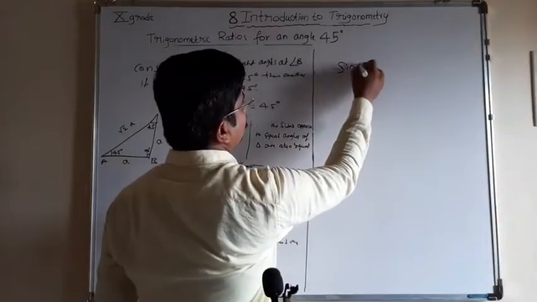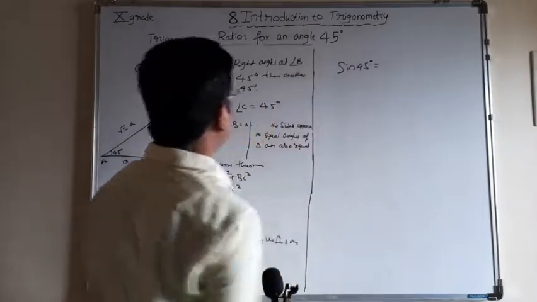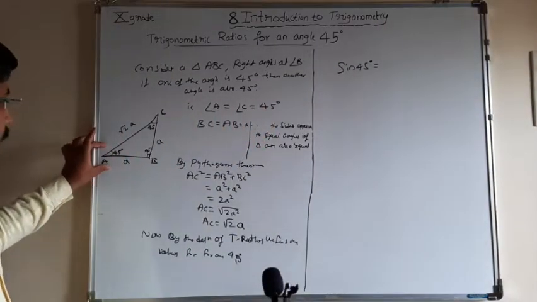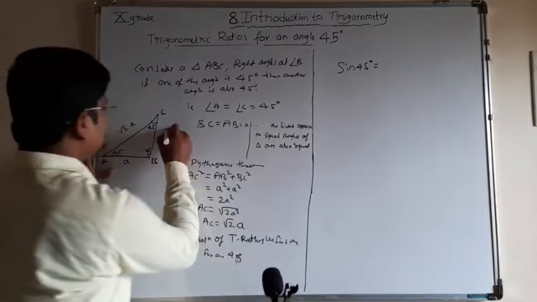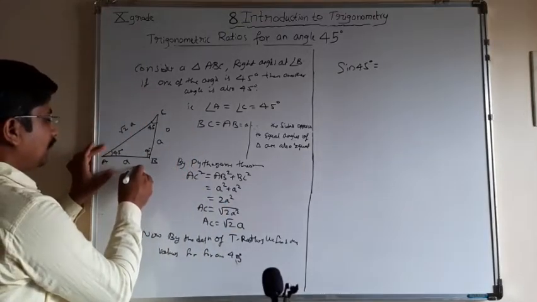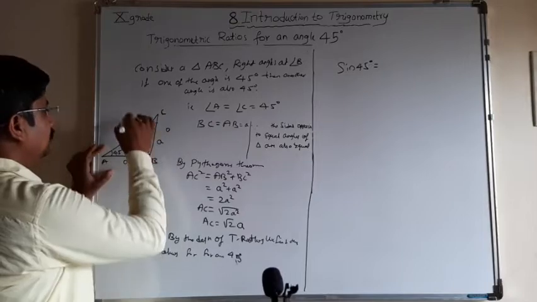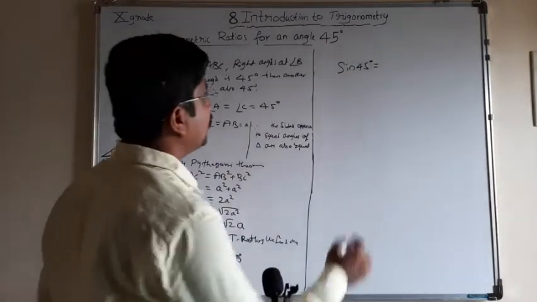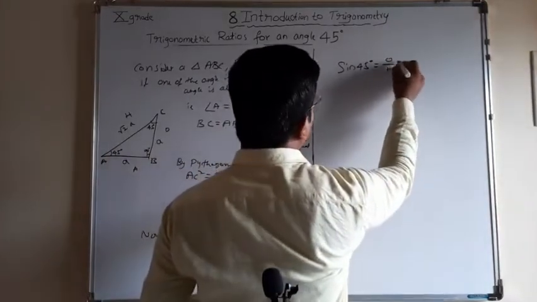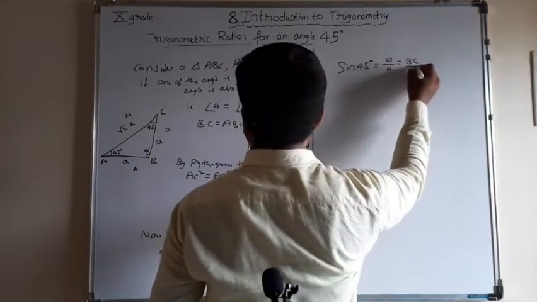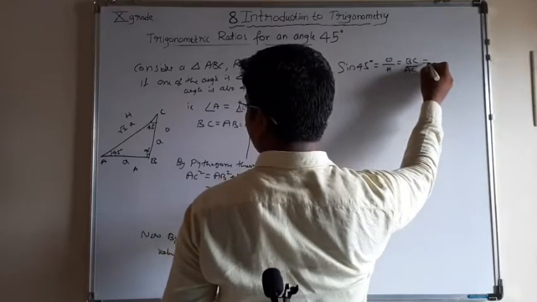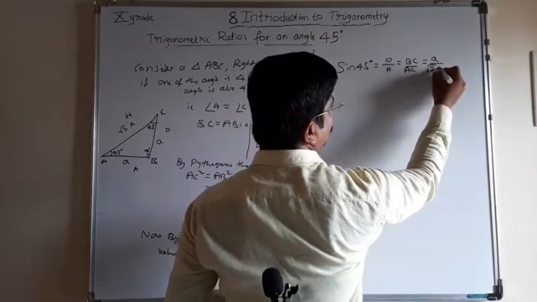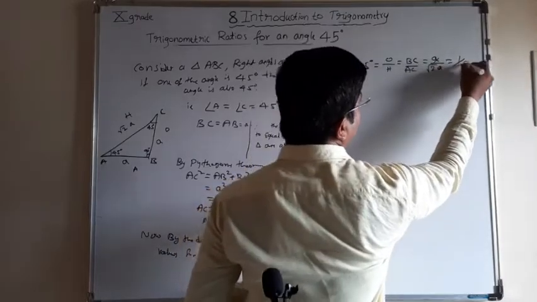Sin 45 degree is sin of angle A. This is the opposite side, this is the adjacent side, this is the hypotenuse. Sin 45 degree is opposite side divided by hypotenuse, that is BC divided by AC. BC is a divided by AC, root 2 a. The a will get cancelled, we are left with 1 upon root 2.